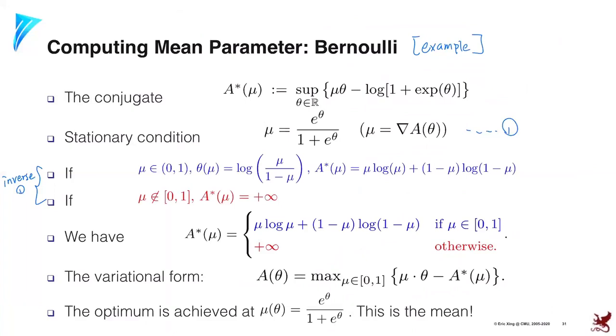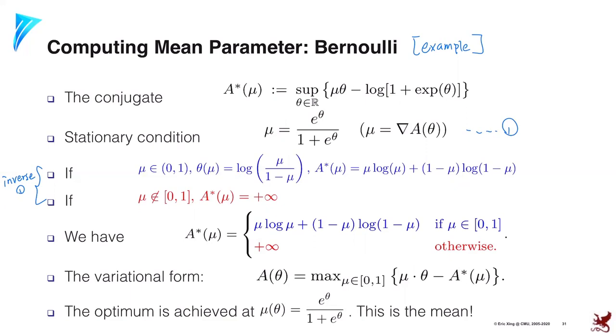Then if we solve this equation, we can obtain this stationary condition. If we invert this condition, now we are representing mu with theta, but if we want to represent theta with mu, then we can have this.